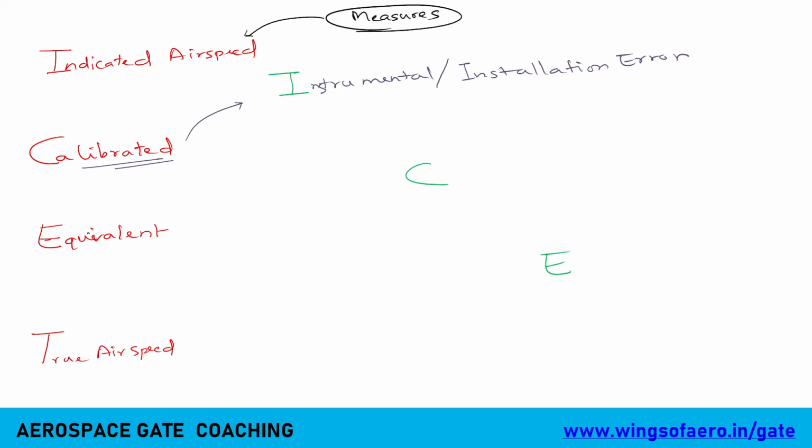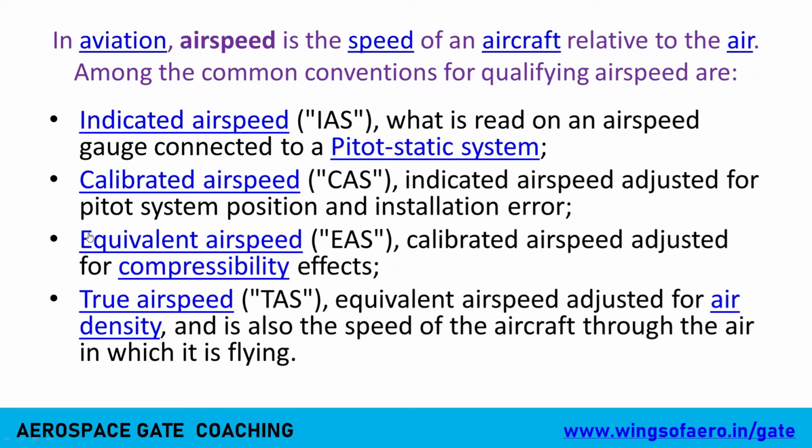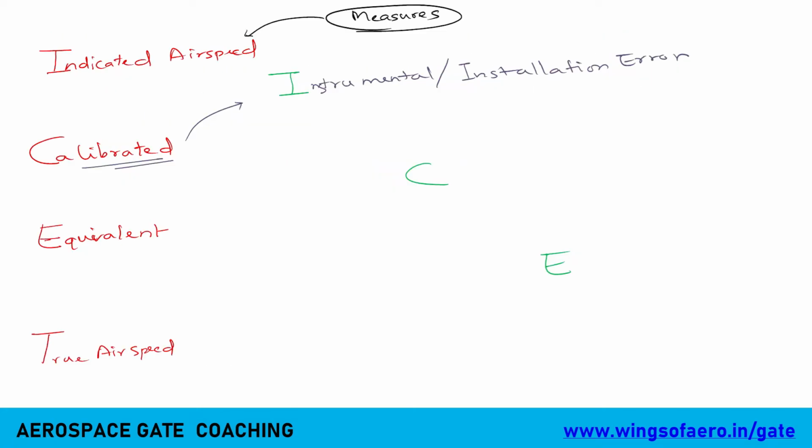Now we'll move to the equivalent airspeed. Now see what it says. It clears the compressibility effect. So the equivalent airspeed will cut off the compressibility effect.